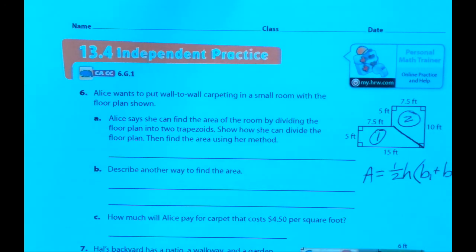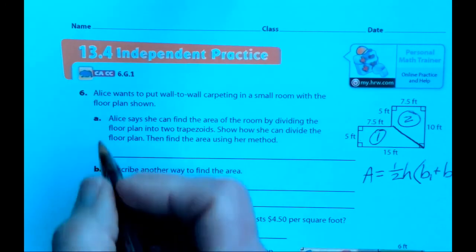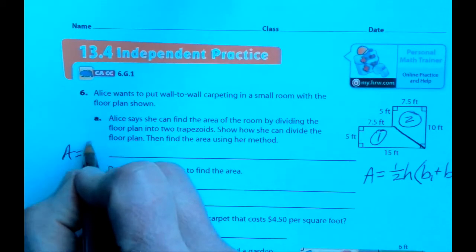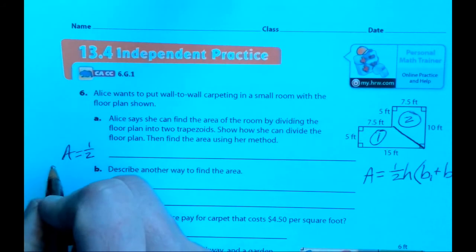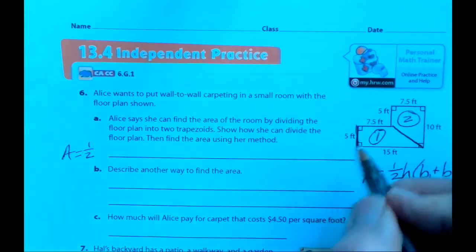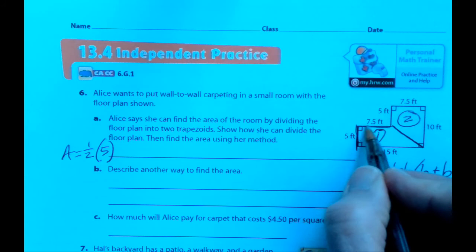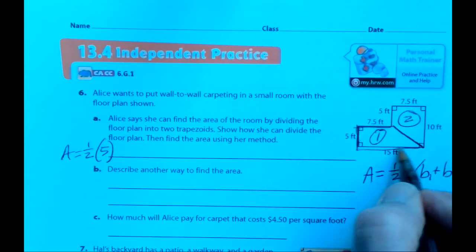So if we look at trapezoid number 1, the area would be equal to half of the height, which in this case would be 5 feet, and the sum of the bases would be this 7.5 and 15.5, which would be 22.5.